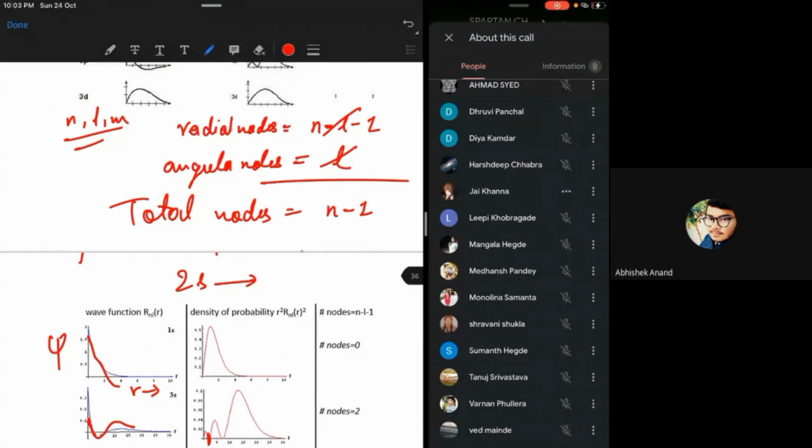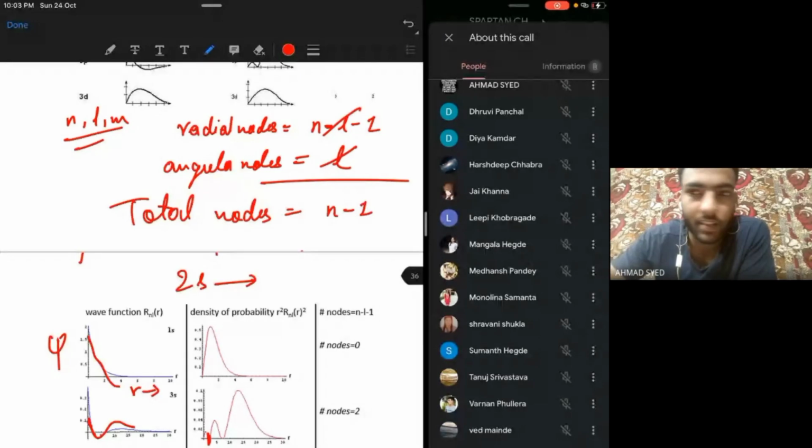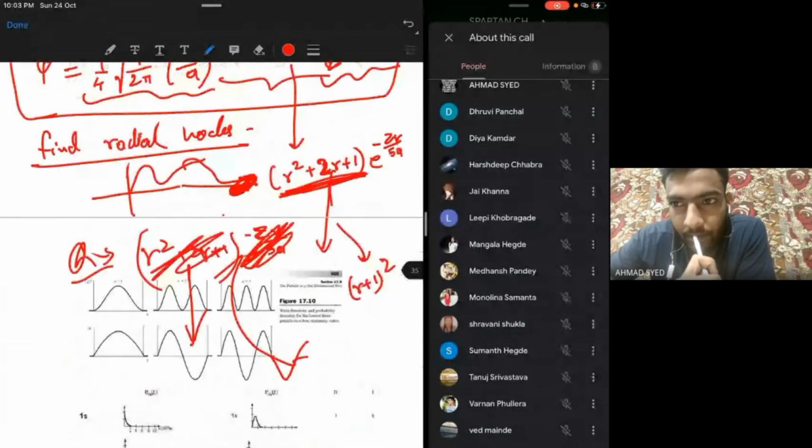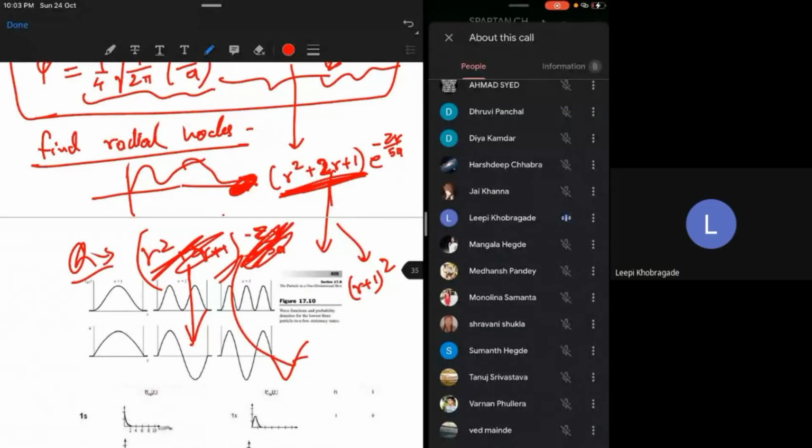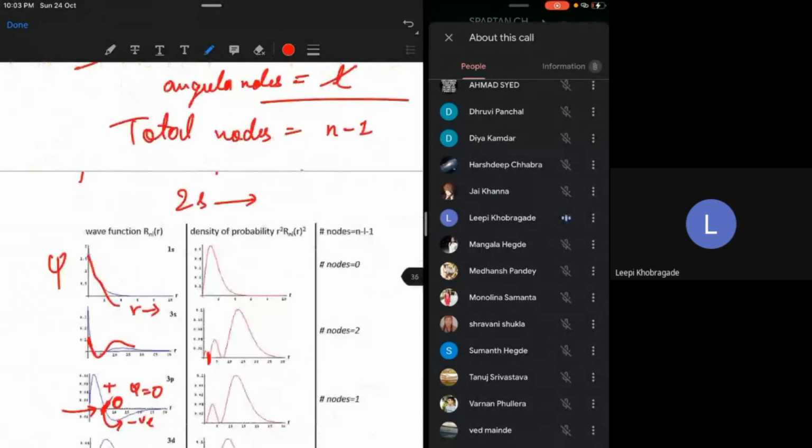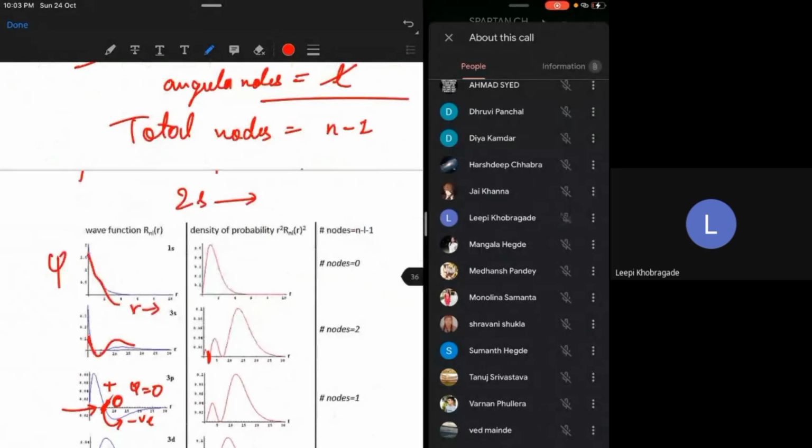Lipi will tell me. Lipi, did you understand the above part, this r square plus 2r one? Yes, bhaiya, I got it. Okay, how many total nodes in 2s?